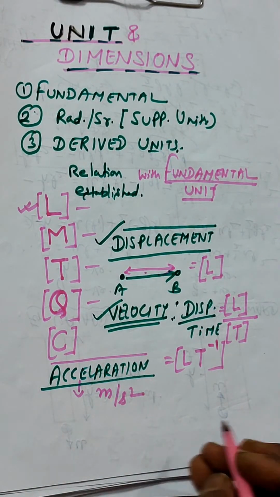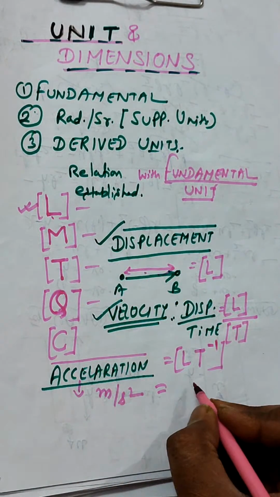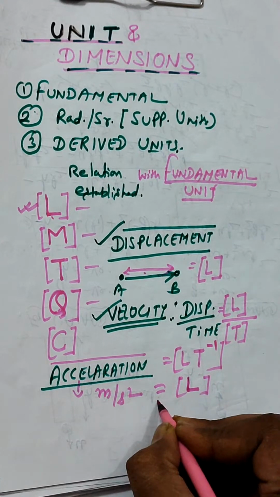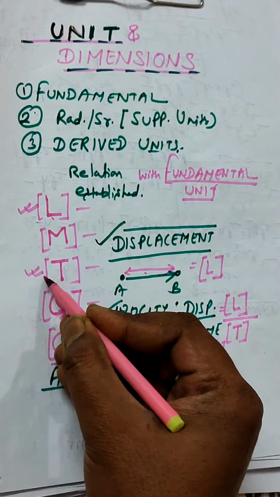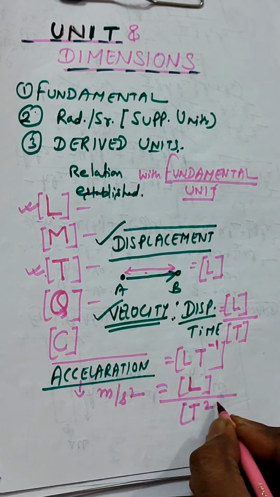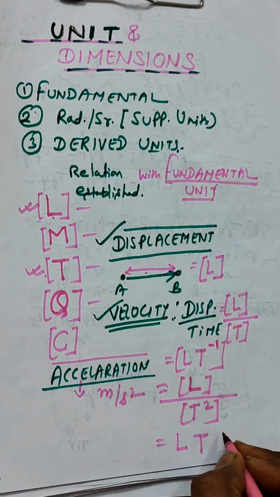Meter is a part of length, so the dimension of length L will be taken in the numerator, divided by second square. So s will be coming for time, so it will be T square, which can be represented as L T minus 2.